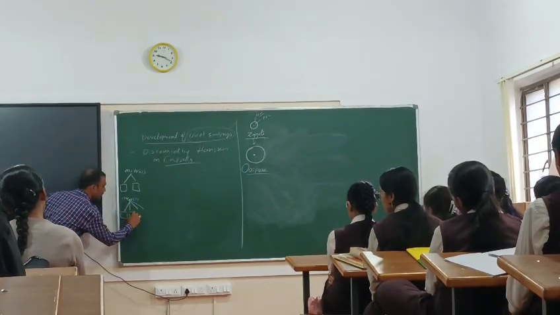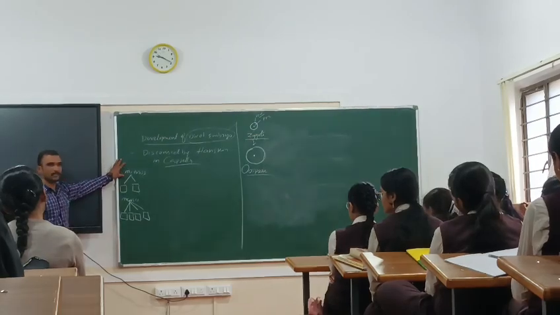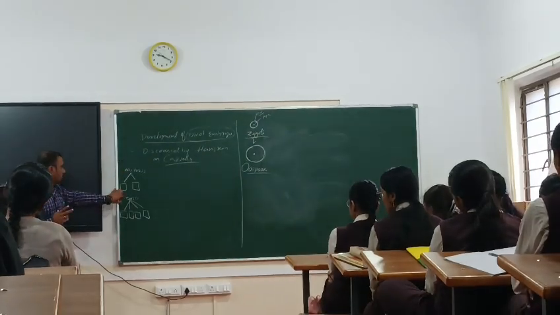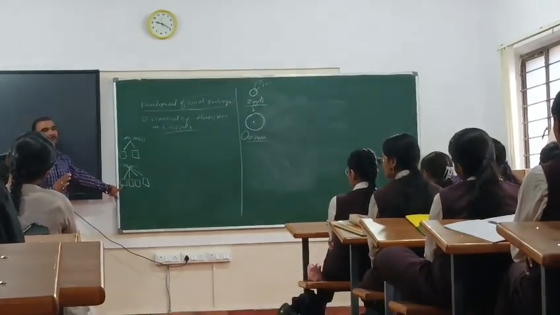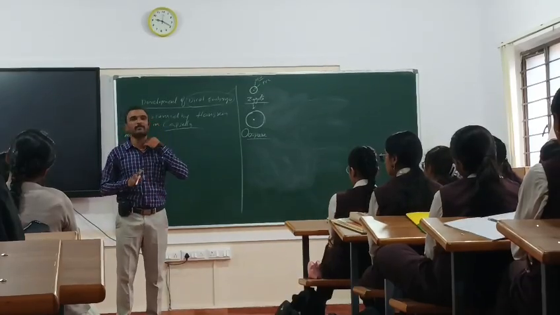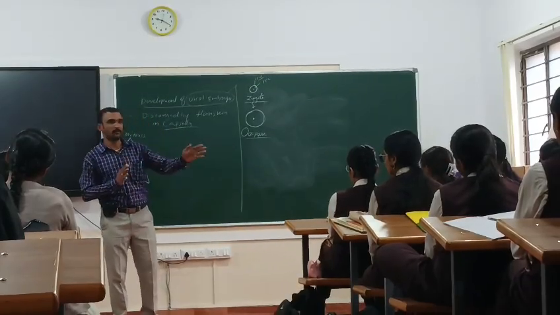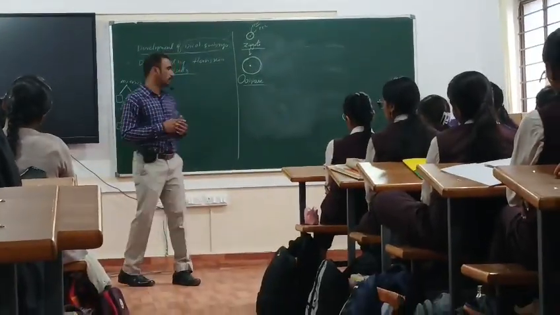What is the lesson name? Right, cell cycle and cell division. From mitosis, 2 daughter cells are formed. From meiosis, 4 daughter cells are formed. So in our body, meiosis occurs in which cells? Gametes. In females and males, only the gametes, sperm and ovum, are formed by meiosis.